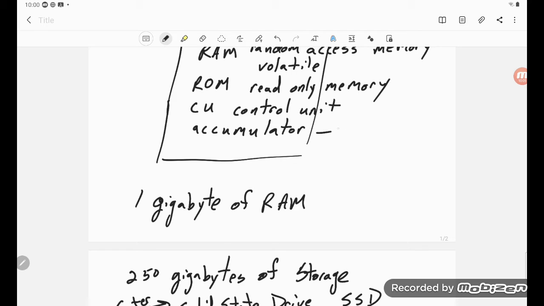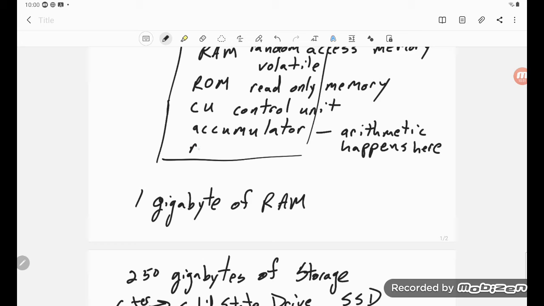Okay, this is where the math happens, or arithmetic happens. Okay.